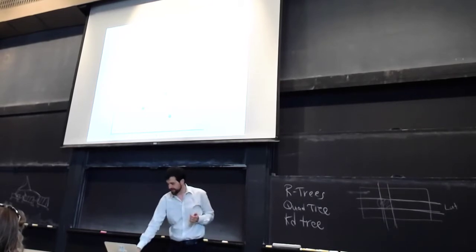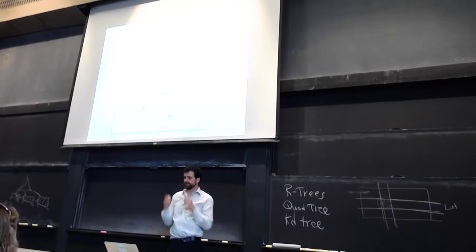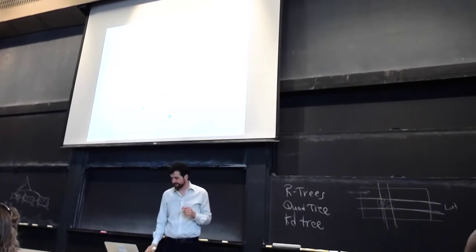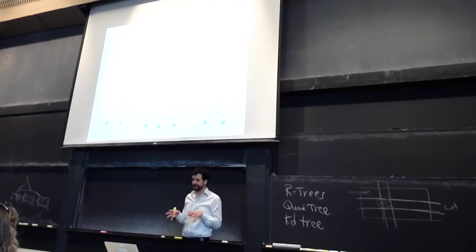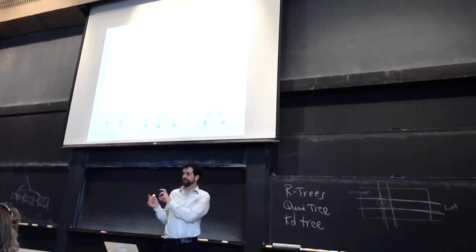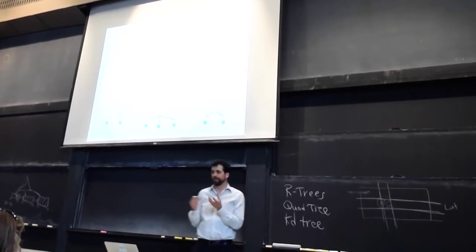So it would look like this. We encapsulate these into higher-level bounding boxes, and then some even higher level, and then we can organize this as a tree. So we end up with something that looks like this, with a tree structure on top of it. Now I can traverse down this tree to find the things that are in specific regions. You should think of these boxes as being pages on disk.